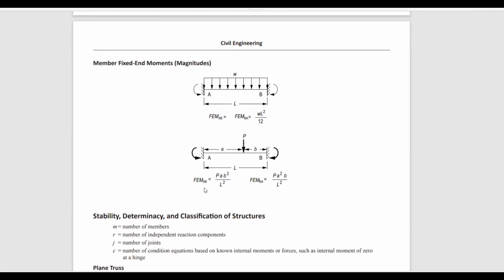So here they give you the formula for the moment at A and the moment at point B. This is what we are going to work on moving forward. We're going to apply these formulas to our case.